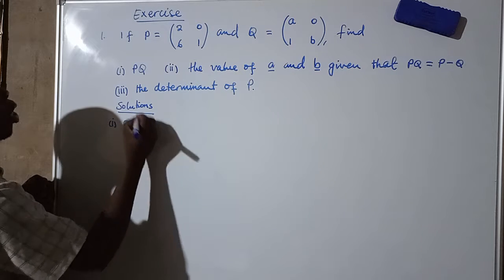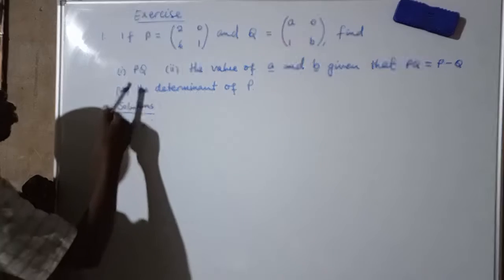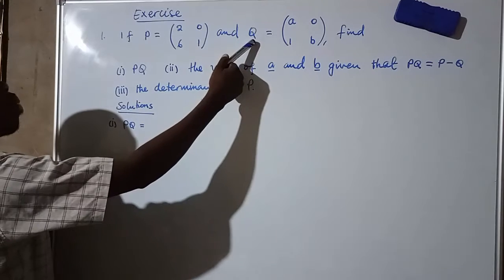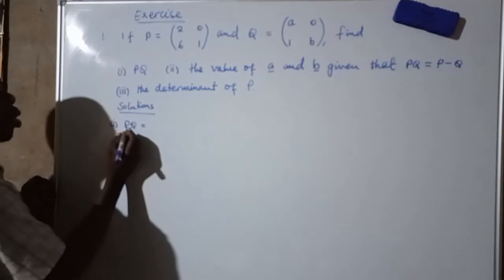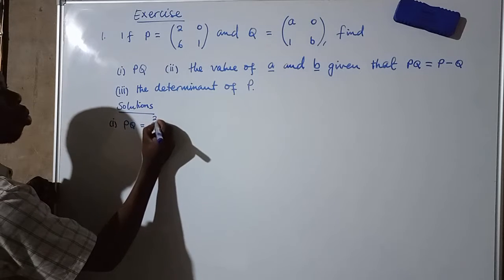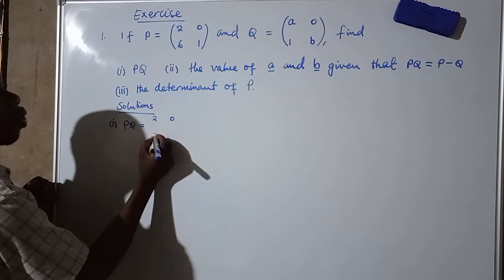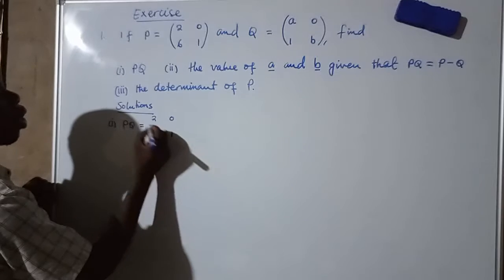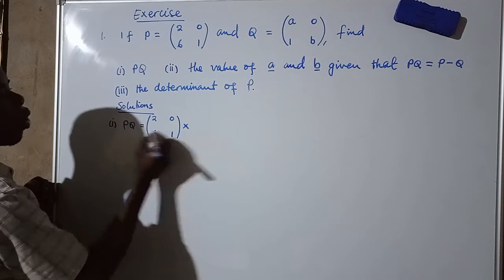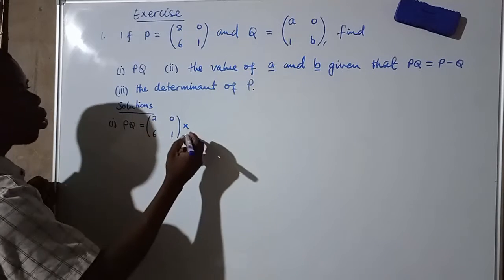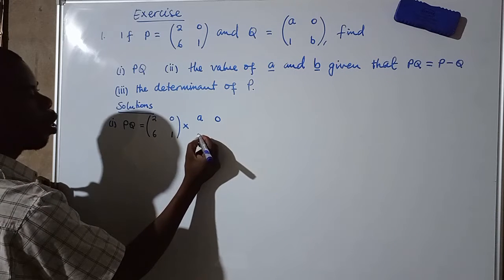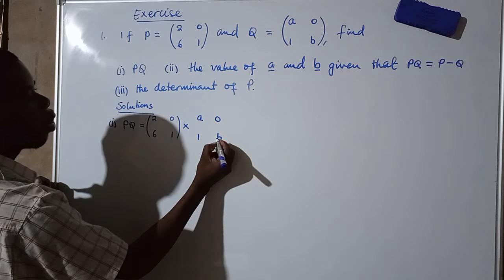When they say we find PQ, it means we are multiplying P times Q, meaning matrix P multiplied by matrix Q. So PQ is equal to, where there is P, we put this matrix, which is 2, 0, 6, 1, then times, where there is Q, we put that matrix, which is A, 0, 1, B.